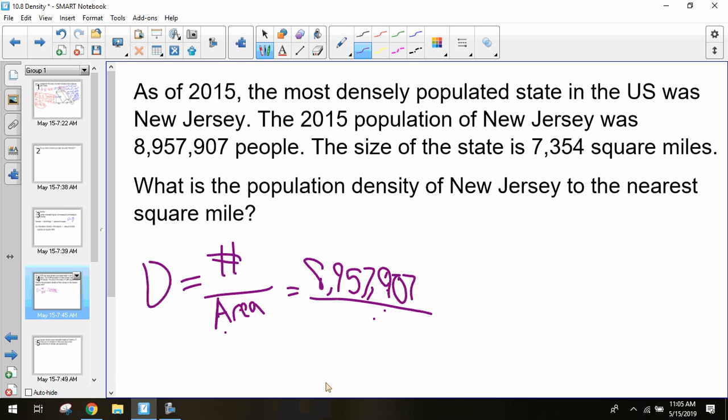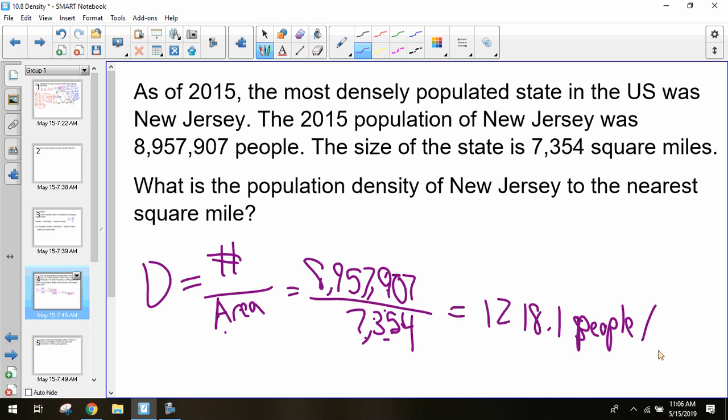We're going to divide that by our 7,354 square miles. And so that would be our population divided by the square area, and that will tell us how many people are in each square area, which is 1,218.1 people per square mile.